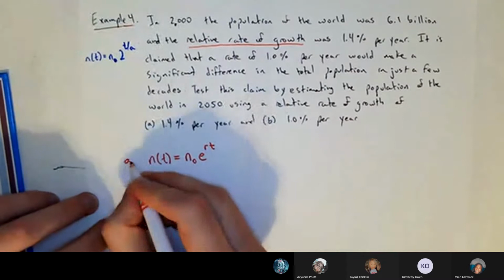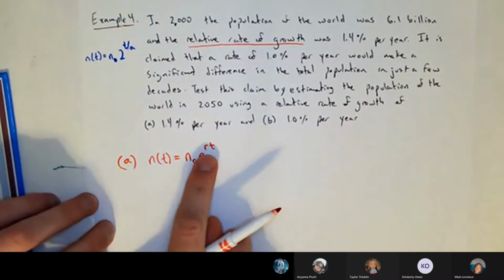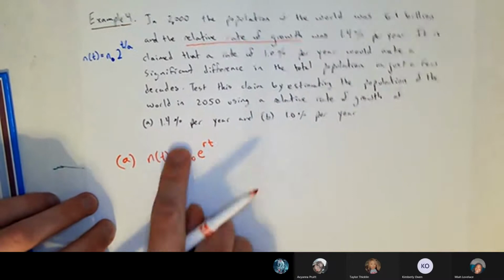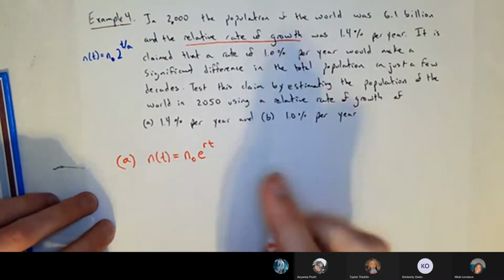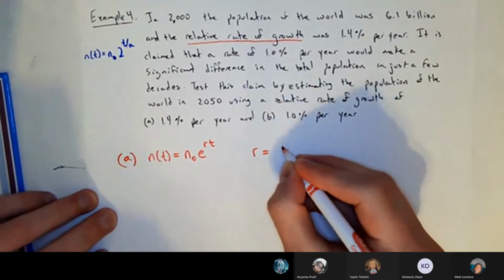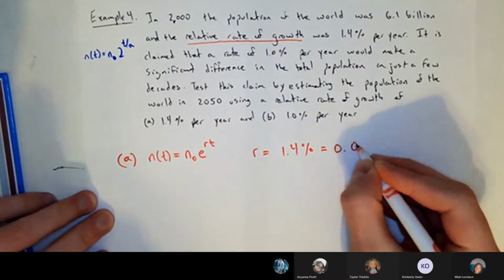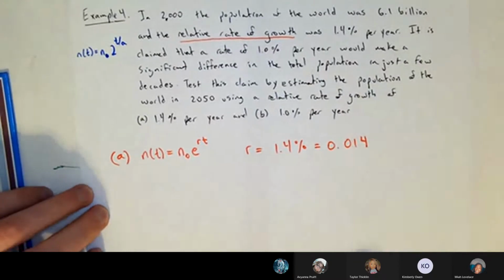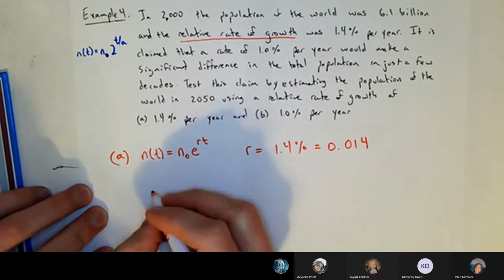So I'll call this part A then. Both of them are going to use the same model though, with the same base model, right? With the base of e. So first, for part A, I need to note that r is going to be 1.4%, but of course, writing that as a decimal to be able to plug it into my model, always have to write these percents as decimals.